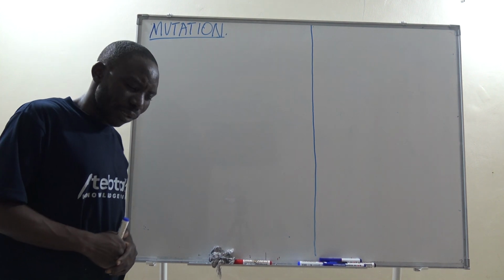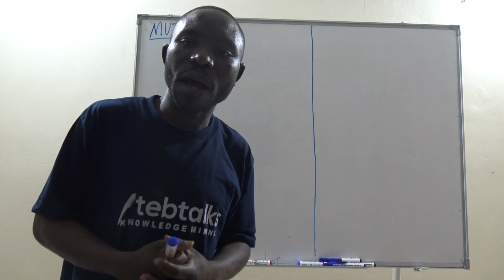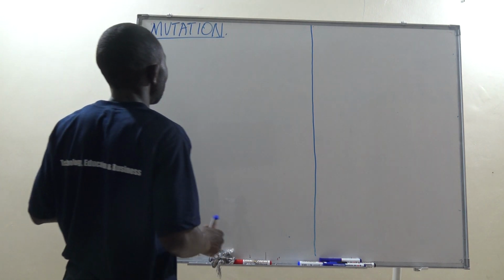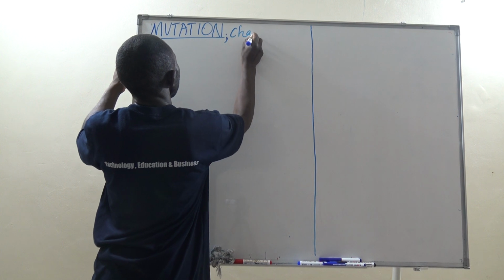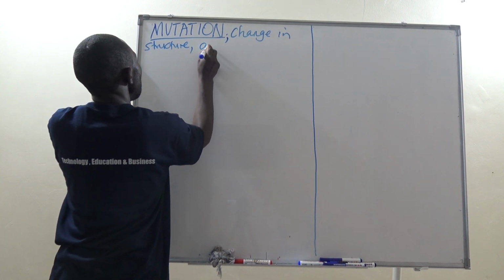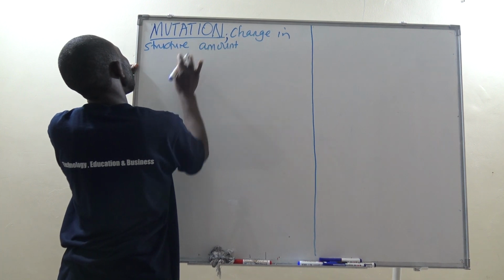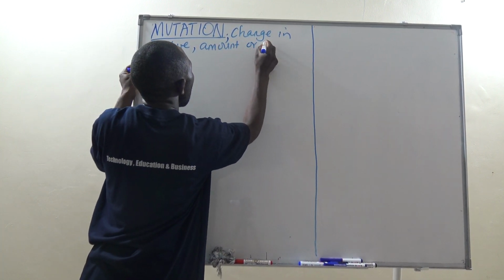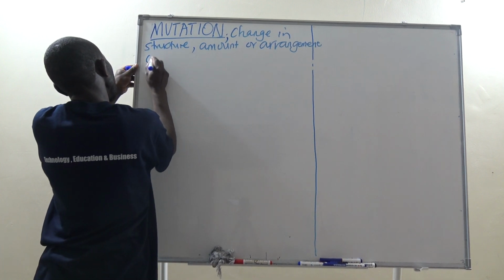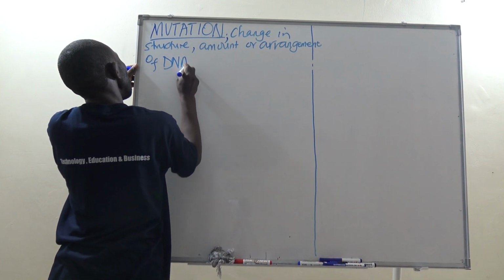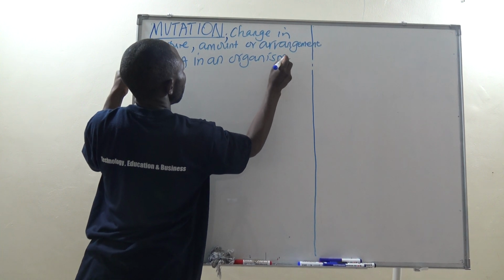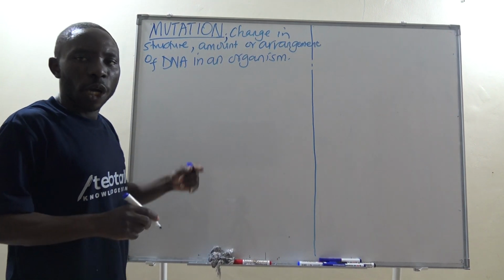So we have all agreed that mutation simply means change in structure, amount, or arrangement of DNA in an organism. That is what we call mutation.